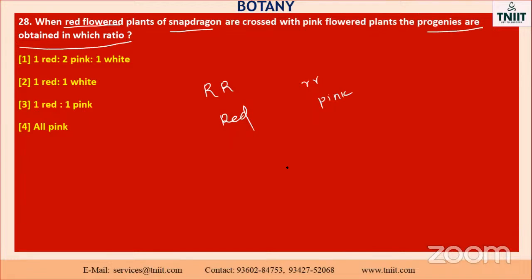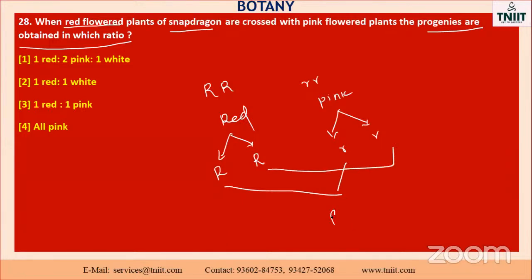Here, capital R, capital R, the gamete will be like this, isn't it? Small r, small r. The cross as it is, capital R, small r, capital R, small r. Again, F1 into F1, how will it be? See the process.